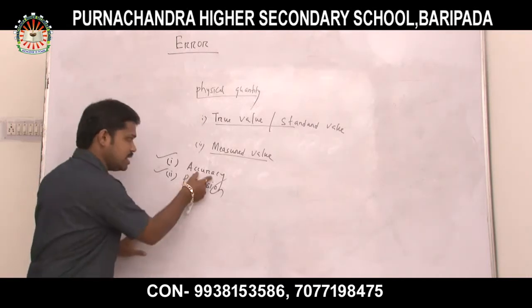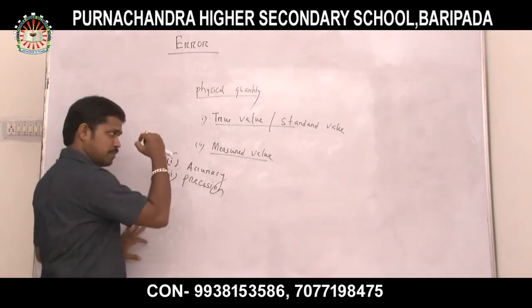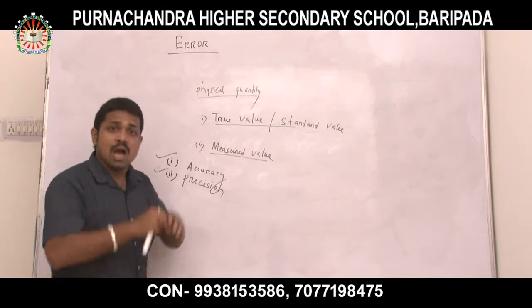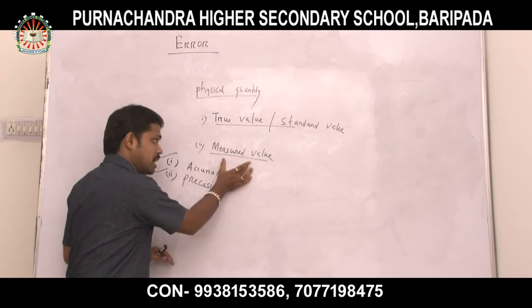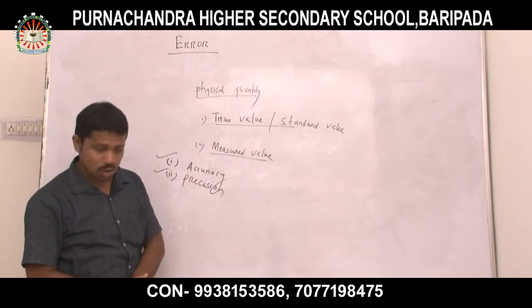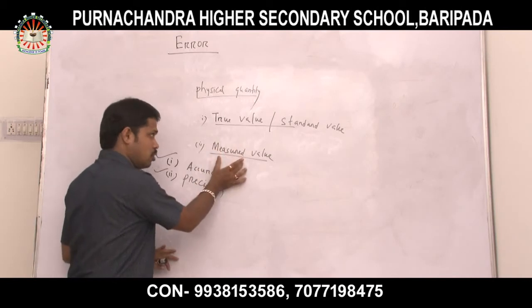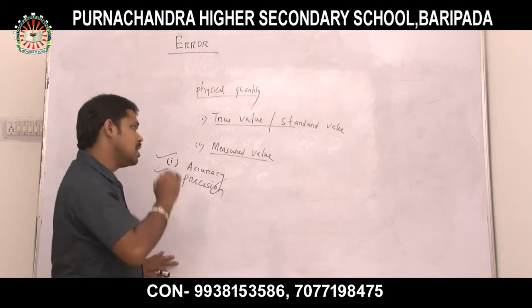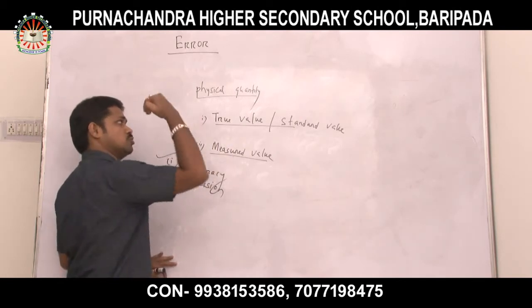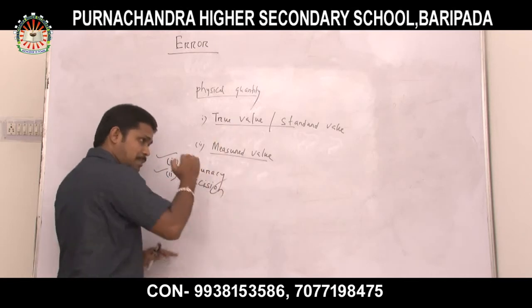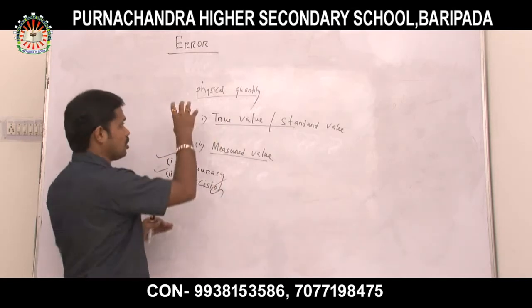Okay. So what is accuracy? Very simple. Accuracy tells us how close the measured value is to the true value. Clear? The closer the measured value is to the true value, the more accurate we call the experiment or the value.